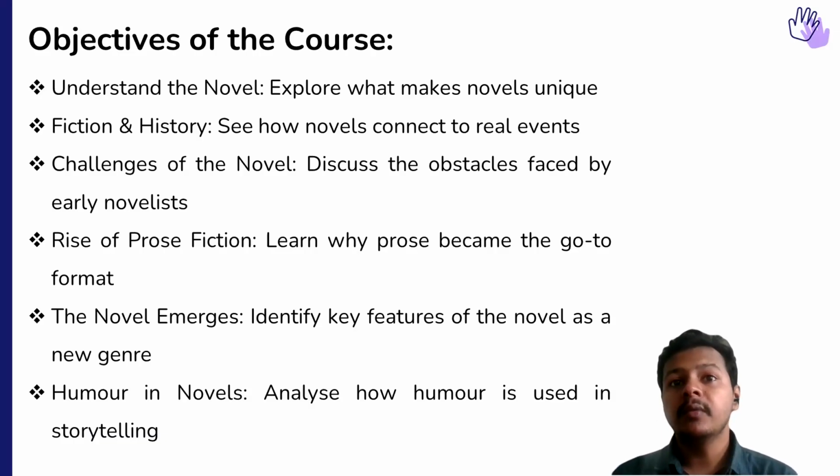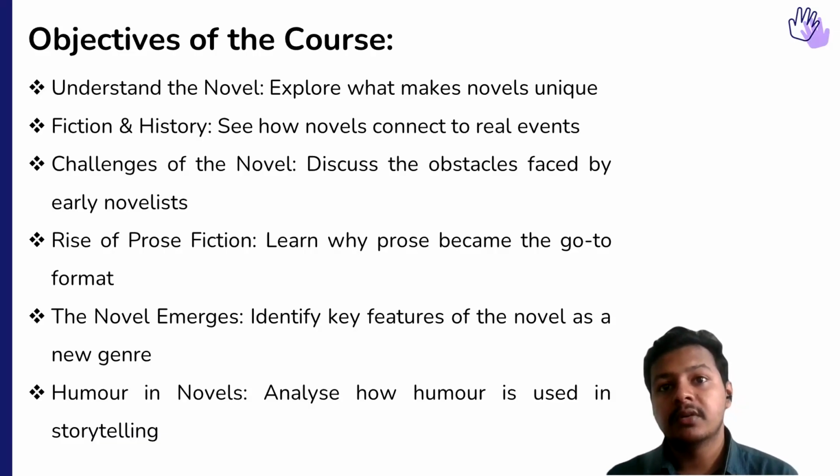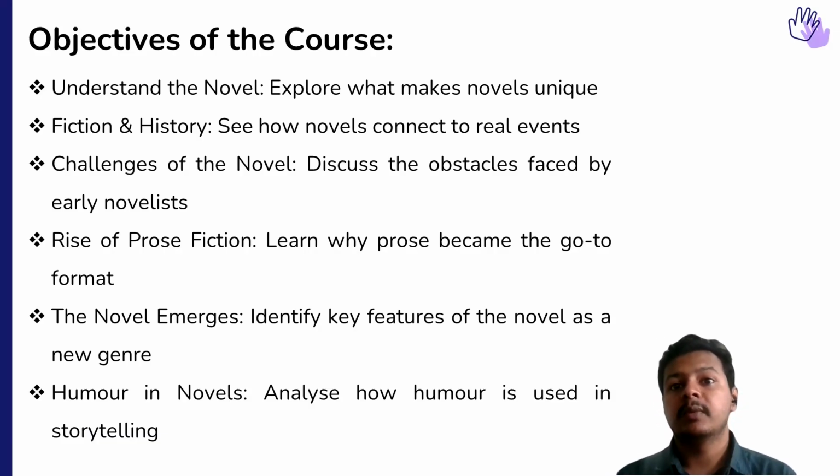Also, challenges of the novel, where we discuss objections or obstructions faced by different writers, female writers, right? George Eliot, for instance. I mean, writers picking pseudonyms or anonymity while writing the novels to facilitate themselves into the domain of authorship, right?